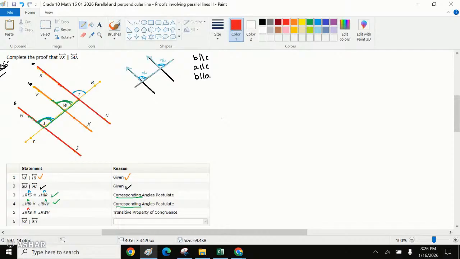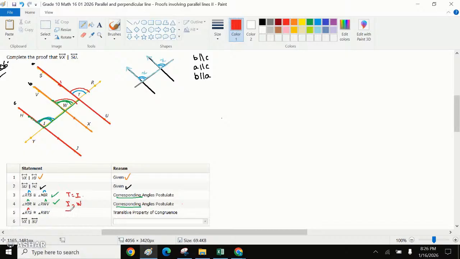The next one is RTS, this given angle RTS, RWV, yes, agreed. In these cases, if T was equal to I, right? And I was equal to W, right?